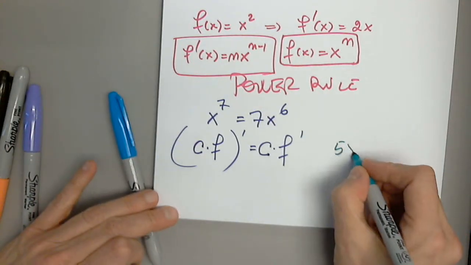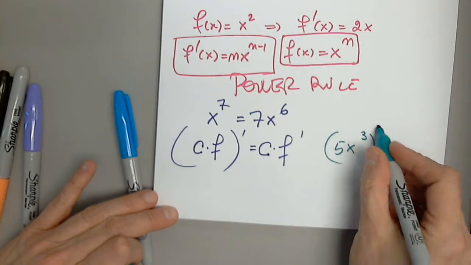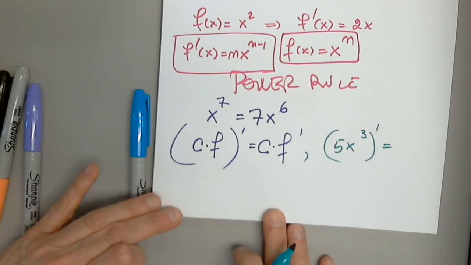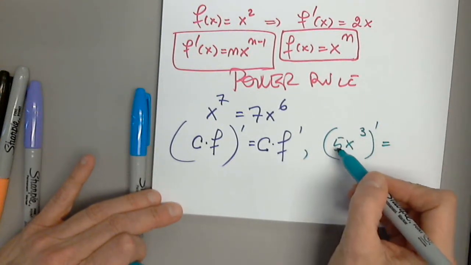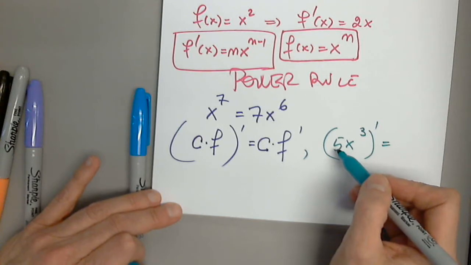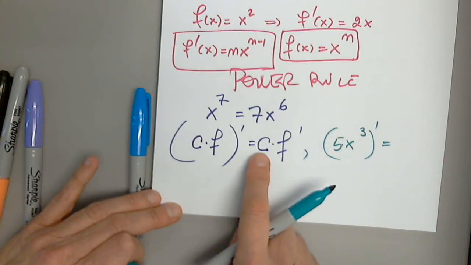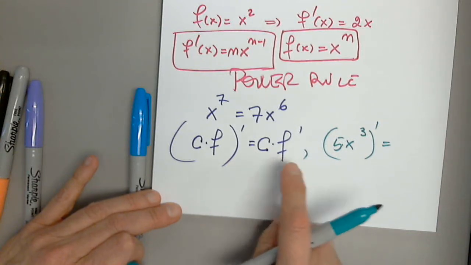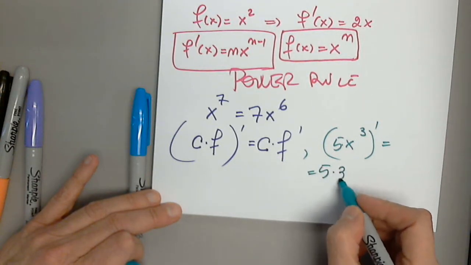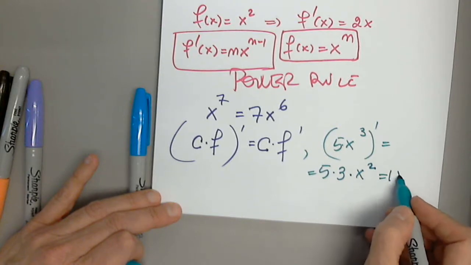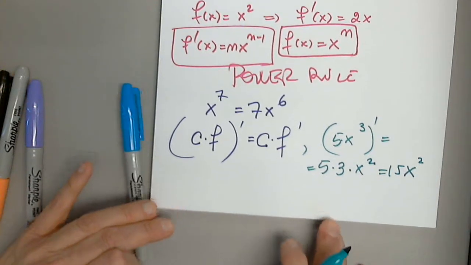If we have 5x to the 3rd and we want to differentiate this, we bring 3 down, but we have to multiply it by 5 because 5 is multiplied by x cubed. So 5 stays outside, but when I differentiate this, I will get 5 times 3 times x squared, therefore 15x squared.